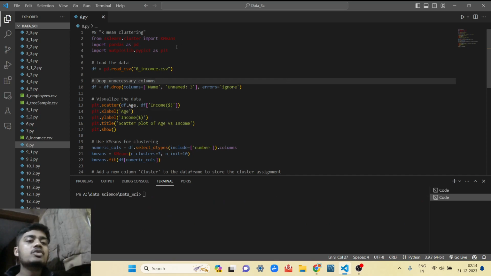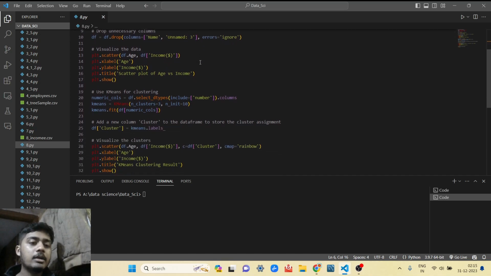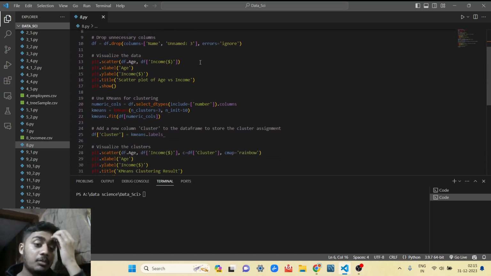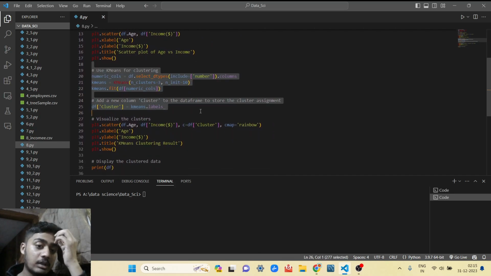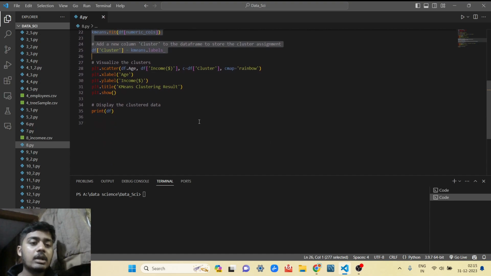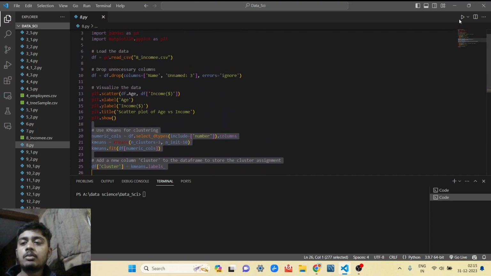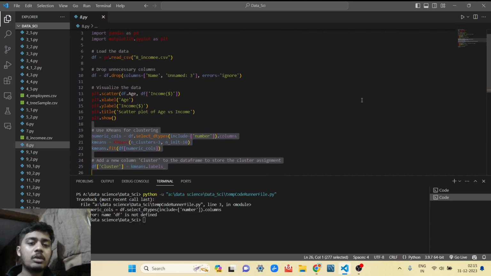We are using the pandas package as well as the matplotlib package, and here we have been given the clusters. Now we have to find out the output, whether the two clusters have been formed or not.